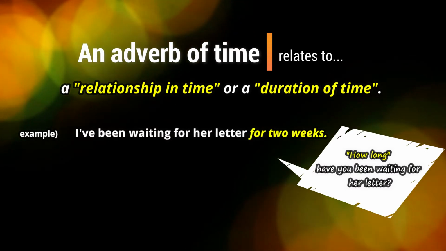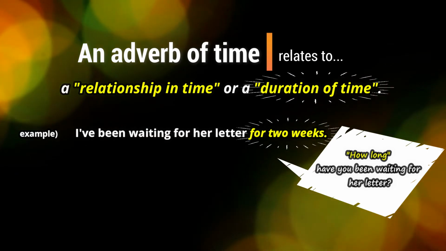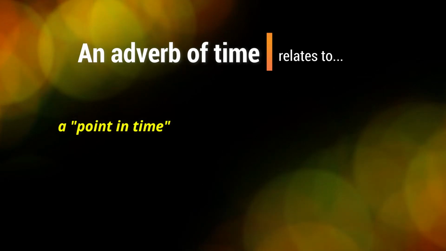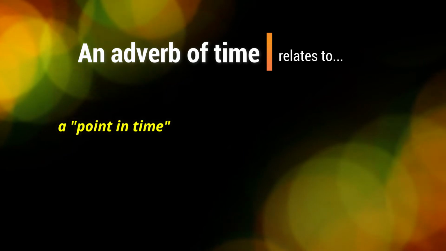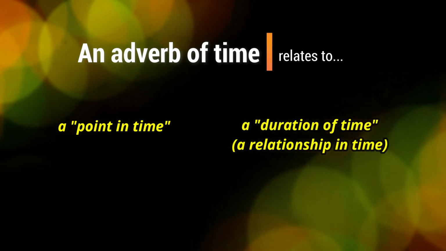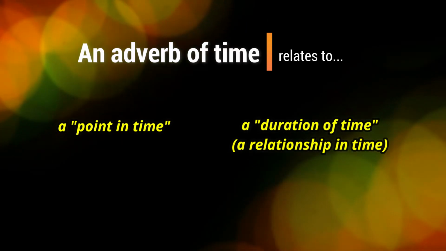For 2 weeks. That's a duration of time. So we have a relationship in time, which is, let's say, a specific time. And then we have a duration of time, like in this example, where it's for a certain amount of time. So in this case, it's for 2 weeks.